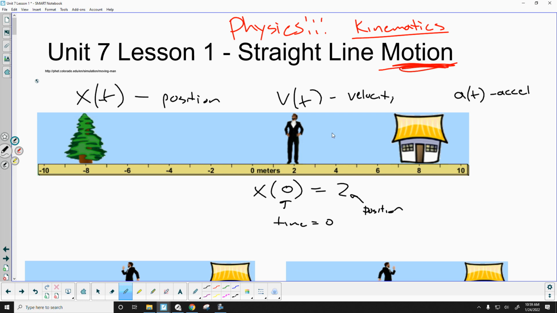Our guy could be moving up and down on a y-axis, but it's still the same thing. It's just like he's moving left, he's moving right, he's not moving diagonally, he's not going in curves or anything. It's just left and right or up and down. Pretty much 95% of our questions will be just left and right.